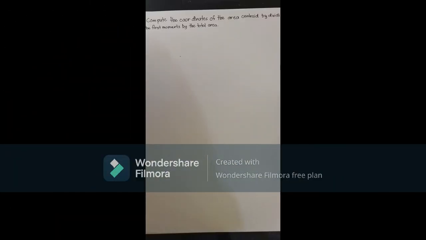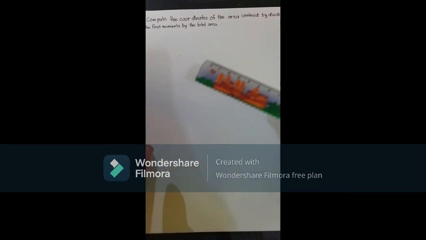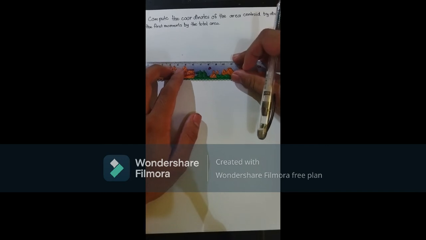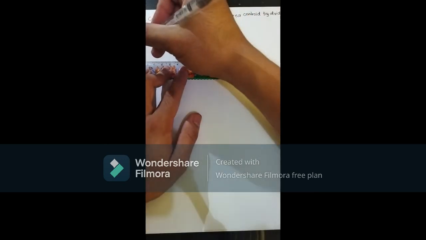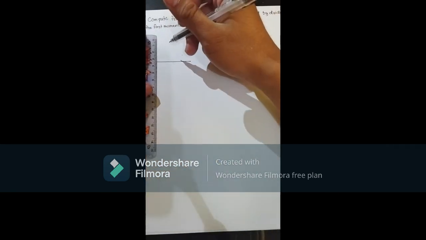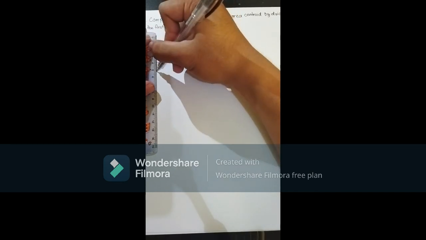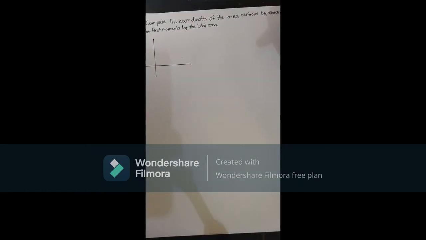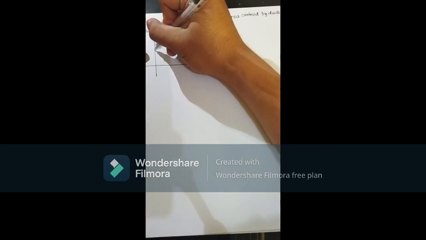So for number 2, we're going to compute the coordinates of the centroid of the area by dividing the first moments by the total area. So first, we're going to create the graph. This problem I just found on the internet, and we're going to solve it. So the graph given on the internet is about this one.